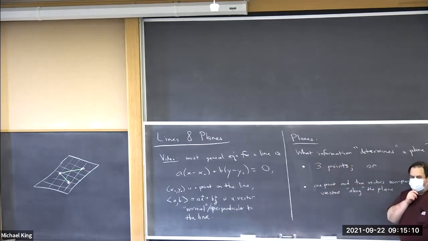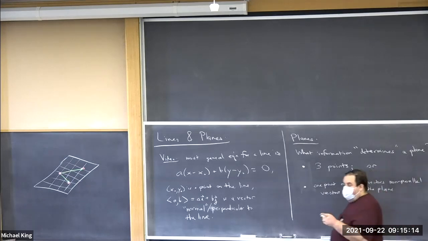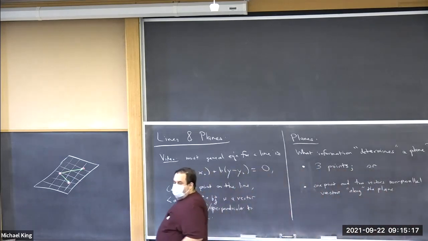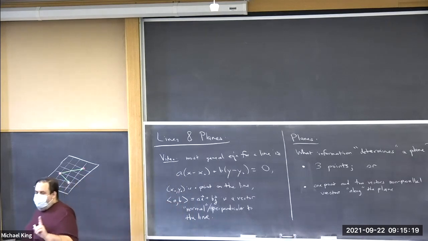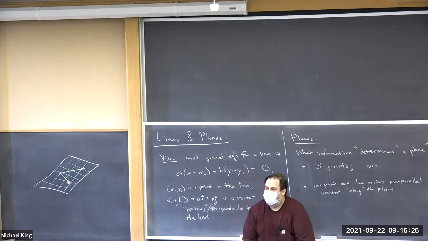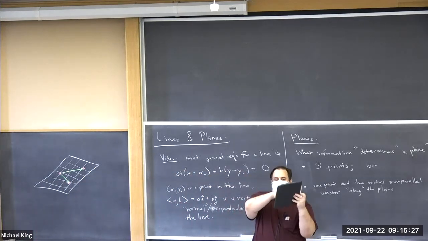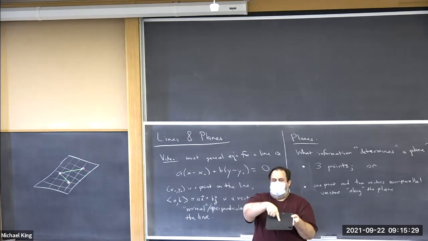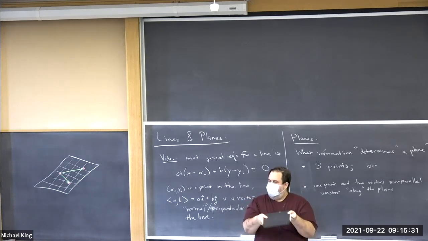What else? If one vector could determine a plane? Yeah, a normal vector. If I pick a point in the plane, so it has to go through this point, but then I pick a normal vector that is going to fix a specific plane, right?